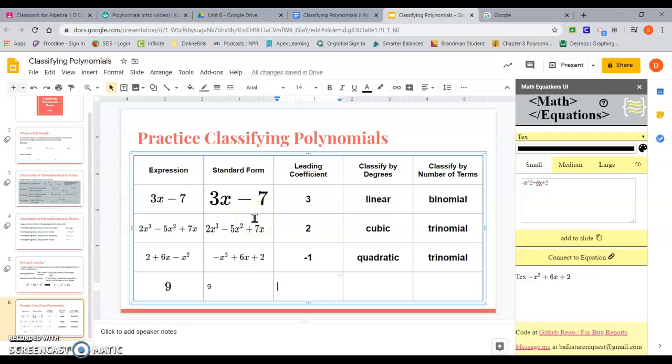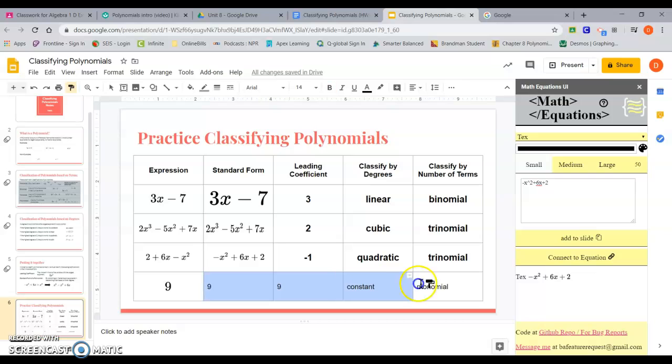So the leading coefficient is 9. It is a constant because it does not have an exponent, and it is a monomial because it only has one term. So I'm going to do this so that it's all kind of the same.